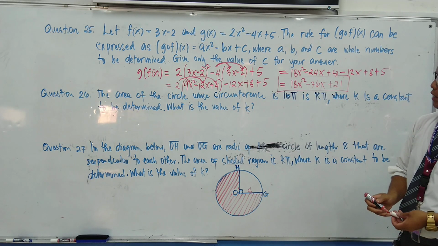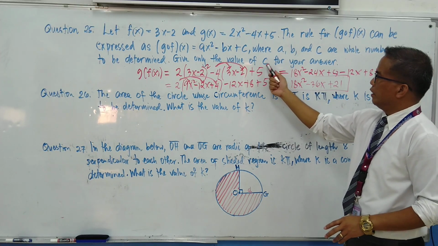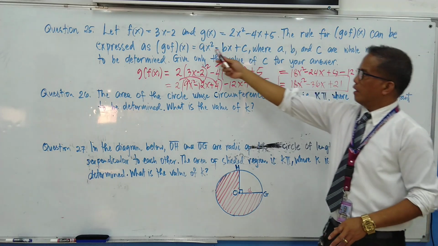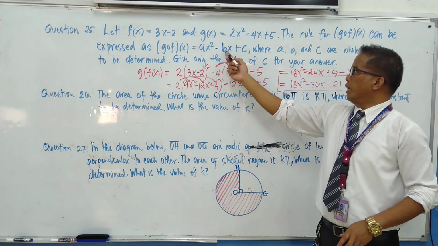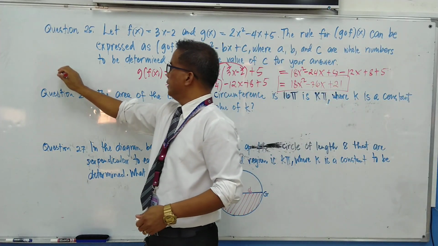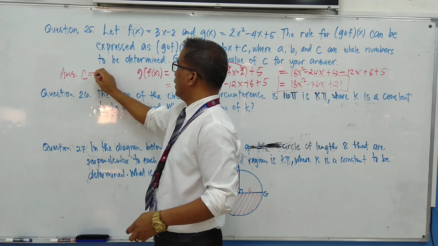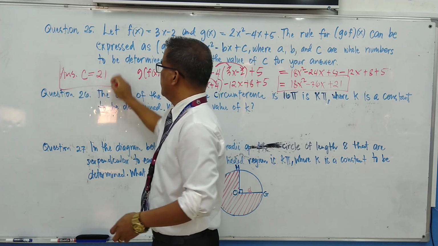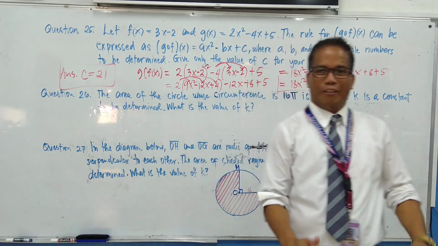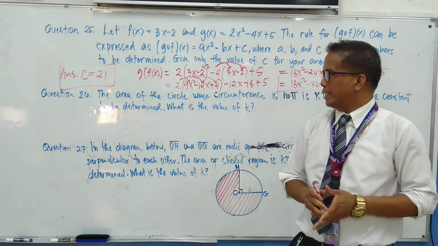But going back to the question, we are going to find the value of c only. The value of c from ax squared minus bx plus c: c equals 21. So the answer in question number 25, c equals 21. Okay. Did you understand, guys? So can we proceed to question number 26?